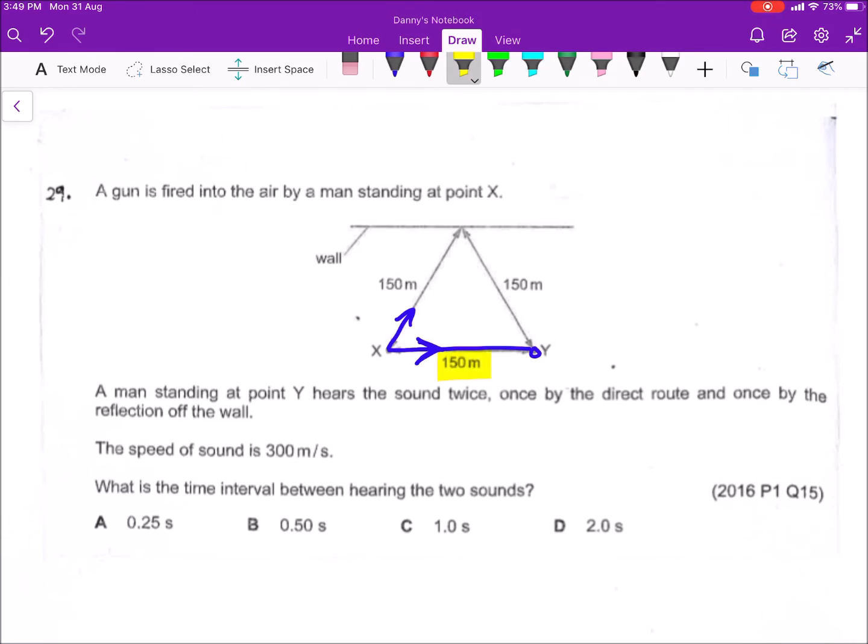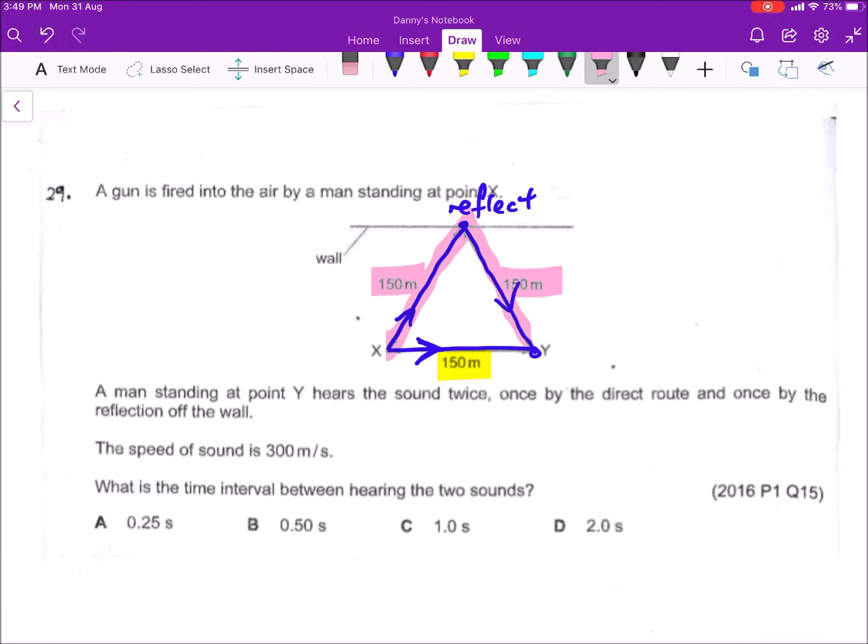The second sound that you are hearing is the sound that travels here, reflects at this point, and then bounces at you. Because the total distance traveled is longer, you will hear this pink color sound at a later time. Now you need to find out what the interval is.